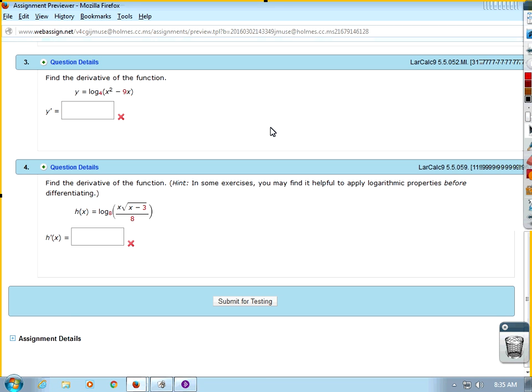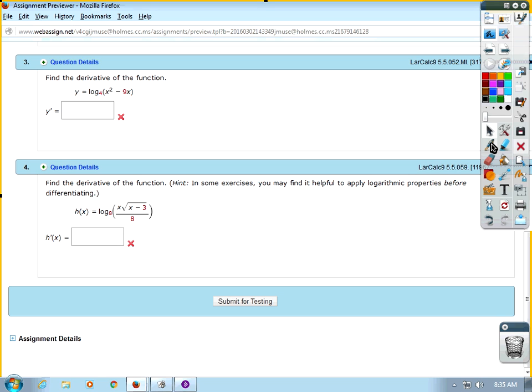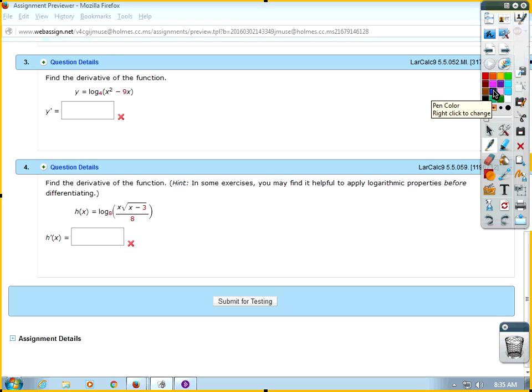All right, so number 3 is a little bit different because now we are dealing with a logarithmic function. So the derivative of a log is kind of the opposite of what we just did. Instead of multiplying by the natural log of 4, we're dividing by ln 4.